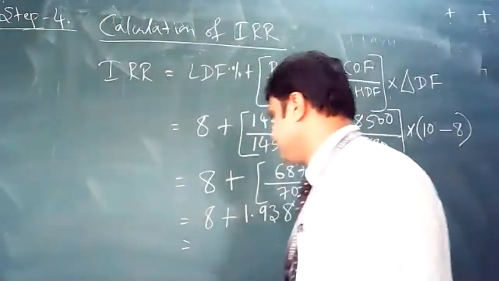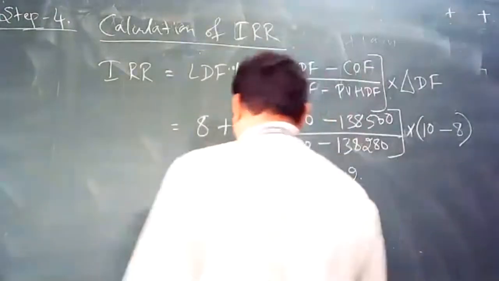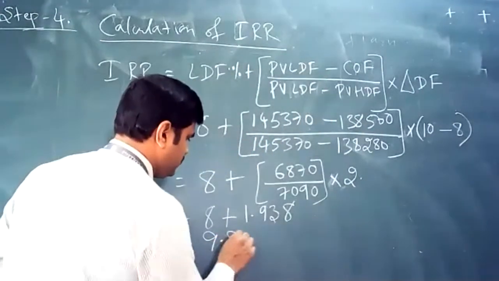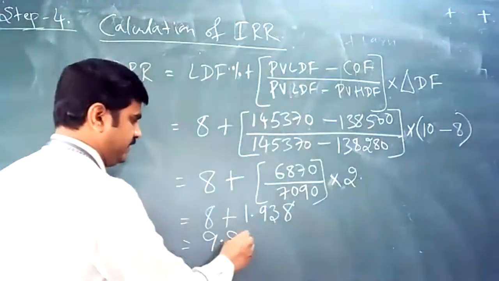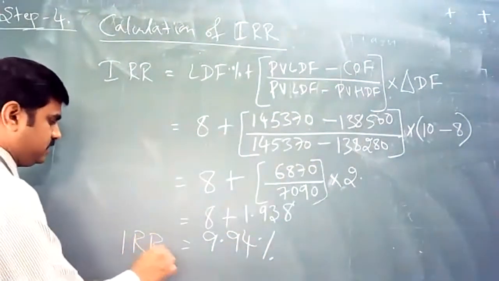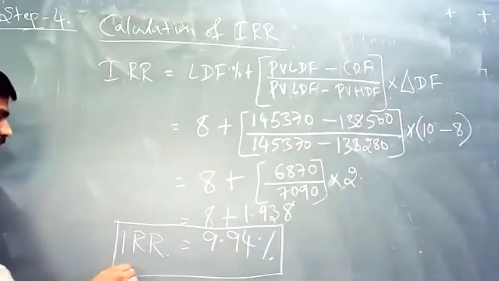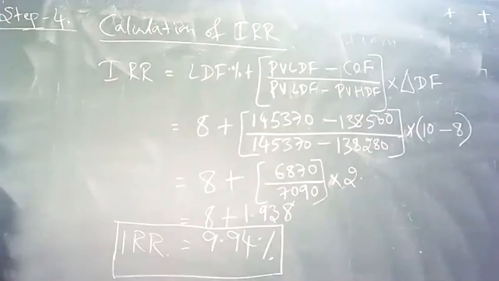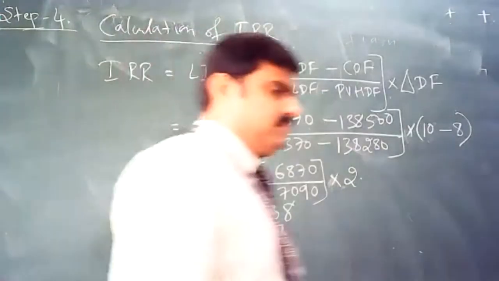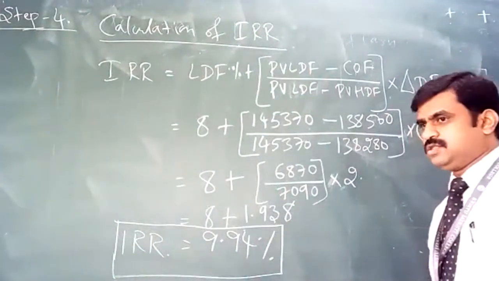How much do you get? 9.938. Yeah. So the IRR is 9.94%.